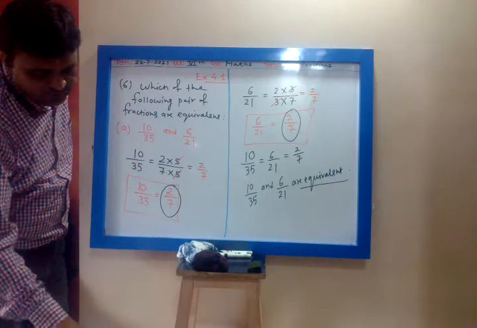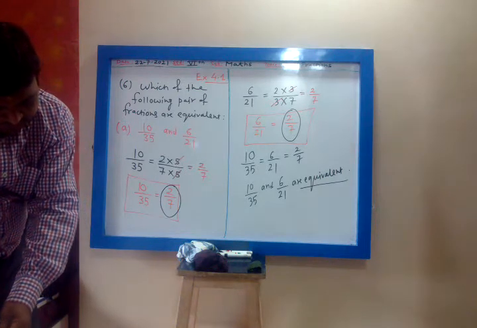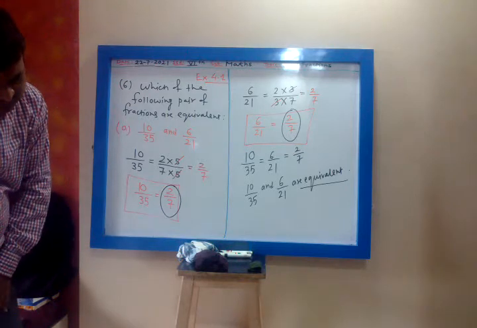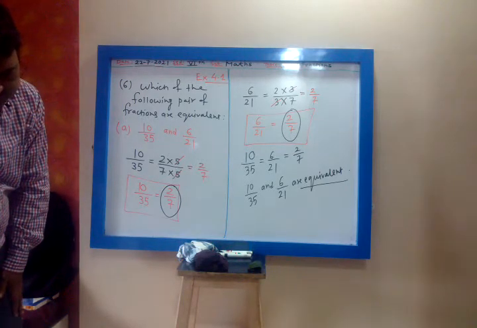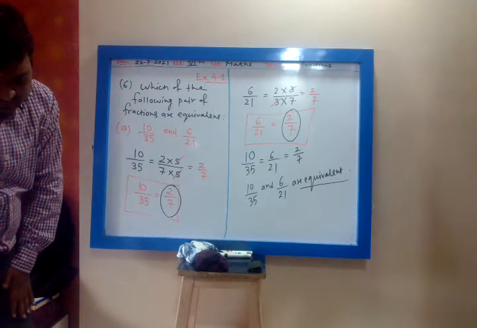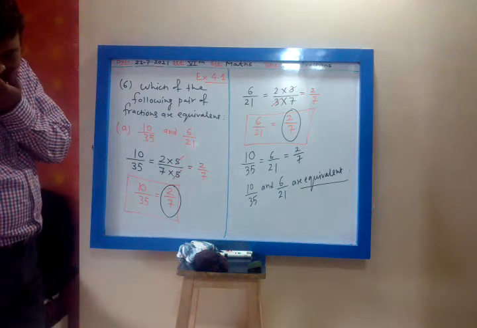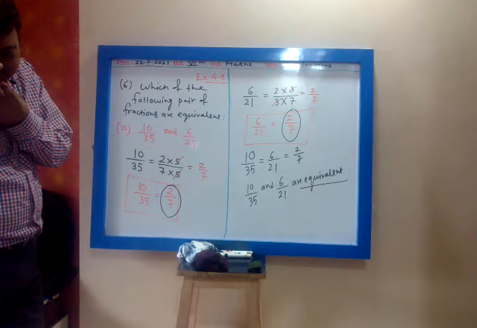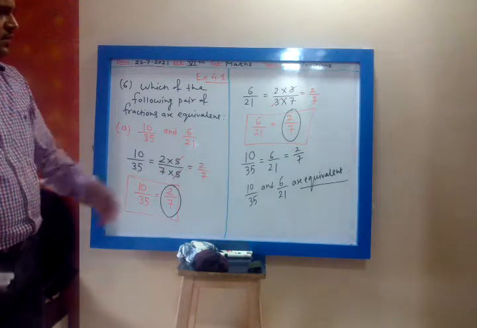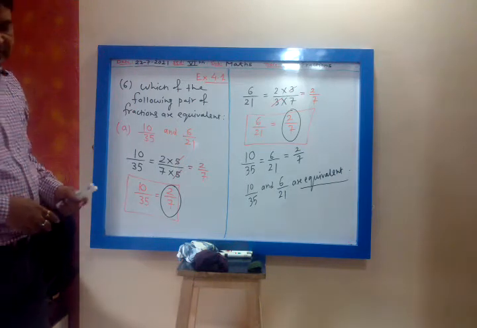So 4 upon 6 and 6 upon 9. First sum I have solved.